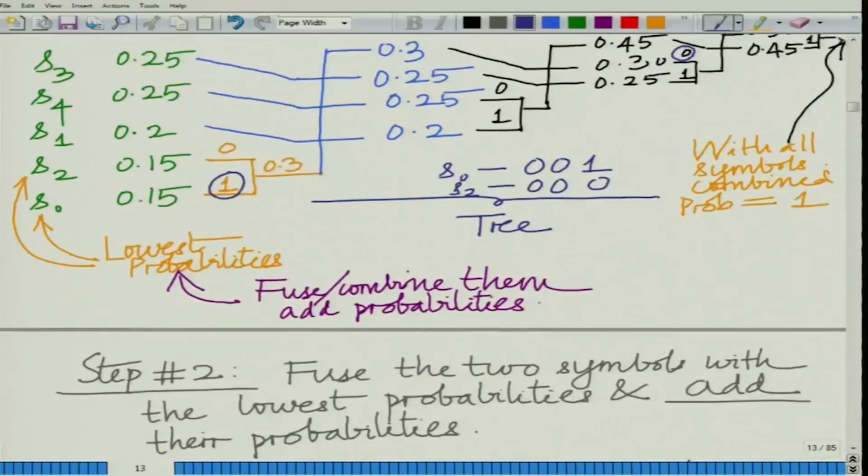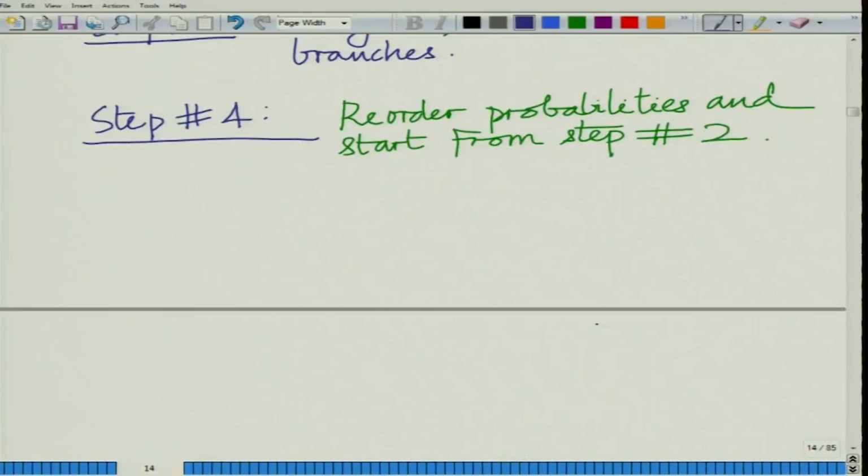I have to describe it in very simple terms. It is basically the sequence of bits along the path starting from this effective fused symbol towards each of these symbols in the alphabet. Alright, so we have seen S0 is 0, 0, 1, S2 is 0, 0, 0, and you can similarly formulate the list.